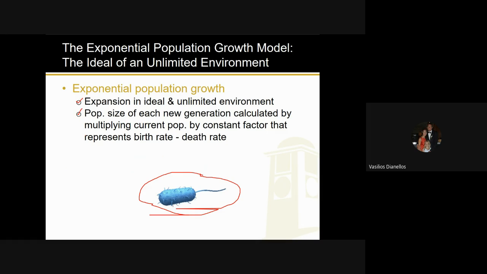Also, in the exponential growth model, the population size of each new generation is calculated by multiplying the current population by a constant factor that represents the birth minus death rate. That's just a fancy way of saying that somebody out there has figured out how many new individuals there are per generation. And that's actually right now what humans are doing. Humans are in an exponential population growth. I don't know what the number is currently, but let's just say the number was 2.